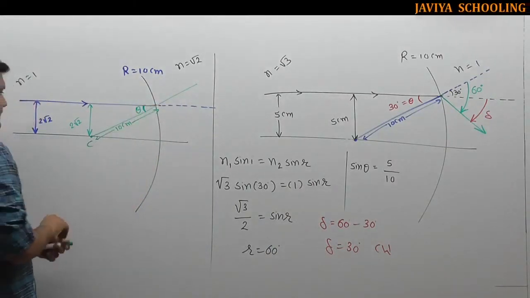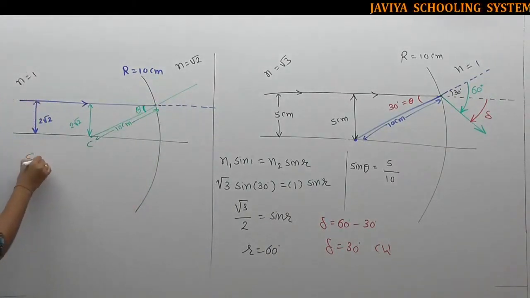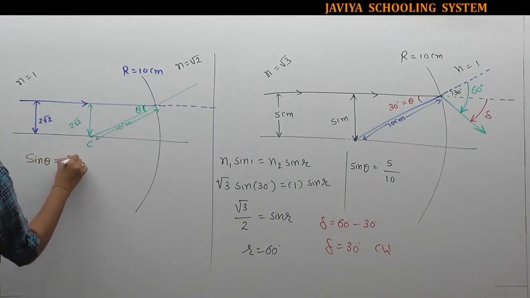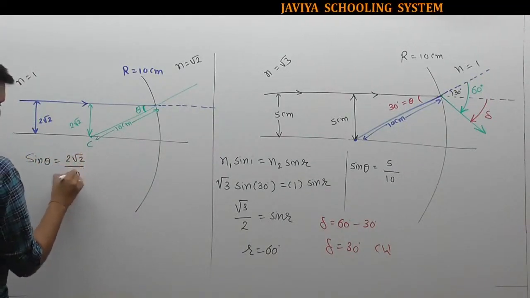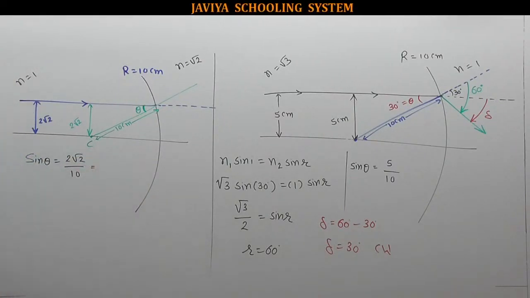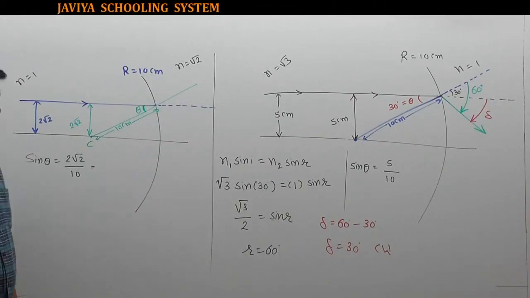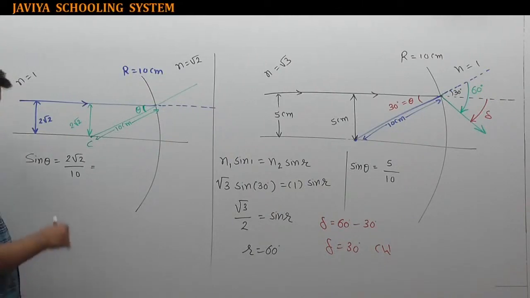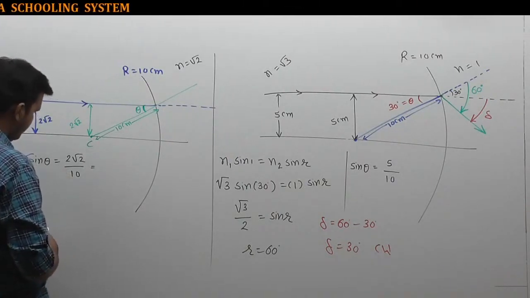Apply sin theta. So sin theta comes out to be 2√2/10. So √2/5, a very strange angle comes. Why is that? So it's 2/5 actually.